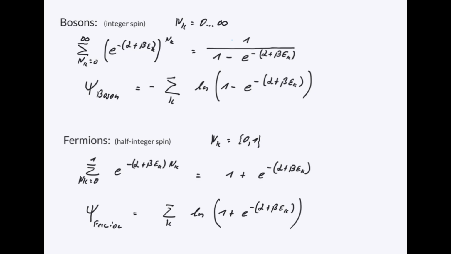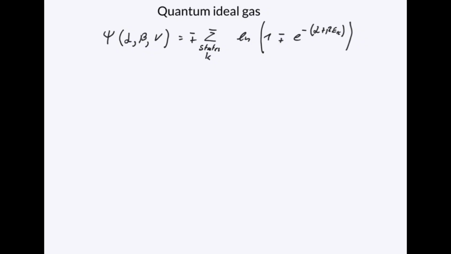The thermodynamic potential of a quantum ideal gas, Phi of alpha, beta, and V, reads minus or plus the sum on all states k, log of 1 minus or plus e to the minus alpha plus beta epsilon_k, where the minus holds for the bosons and the plus holds for the fermions.